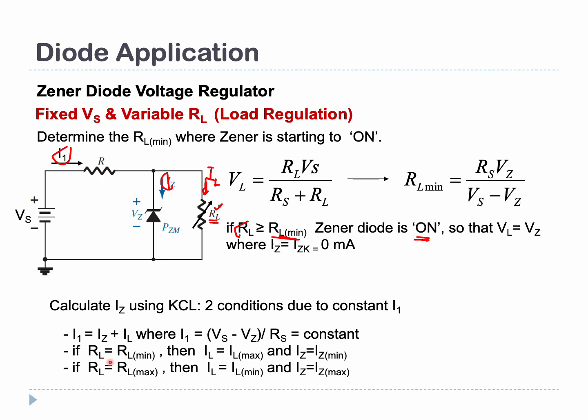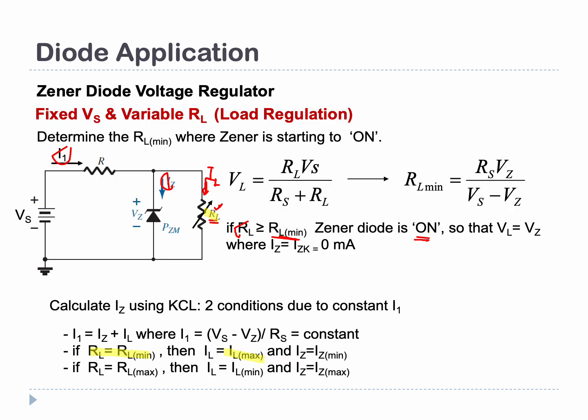If RL is equal to RL minimum, meaning that the resistance is very low, then your IL will be IL maximum, because when the resistance is low, current will flow.